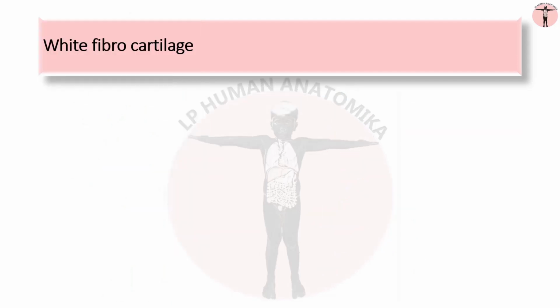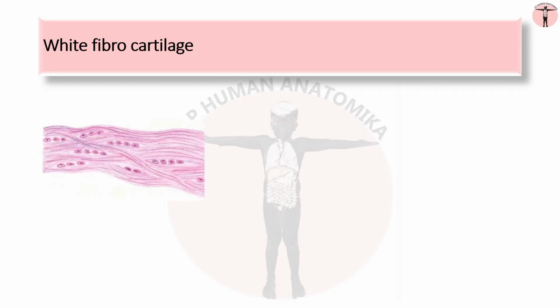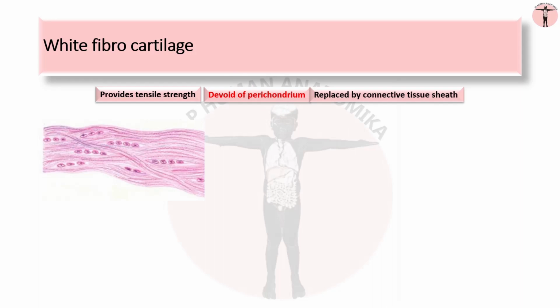Coming to the third type of cartilage, white fibrocartilage or just fibrocartilage, it provides tensile strength in the region where it is located. Coming to the structure, it is devoid of perichondrium, which is replaced by the connective tissue sheath.